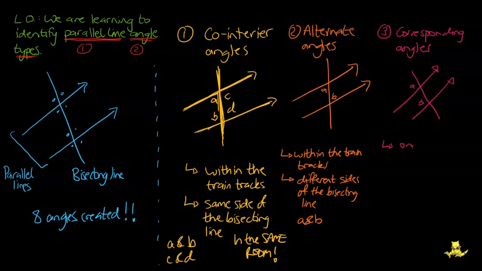So we're going to write that, one in and one out of the train tracks. And the other thing you'll want to note is they're actually on the same side of that bisecting line. Same side of the bisecting line.